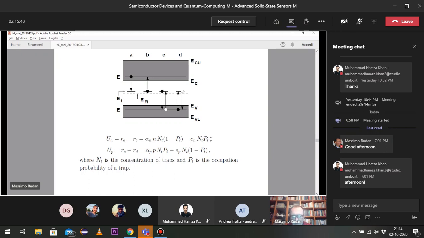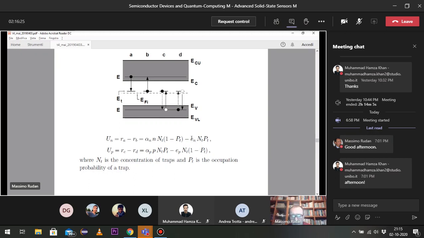Then we should also consider the probability that the arrival state that belongs to the conduction band is empty, but this probability is practically equal to 1, because you remember the majority of the states of the conduction band are empty, okay? So we don't put it in. We imply that this probability has been accounted for. It is practically equal to 1.